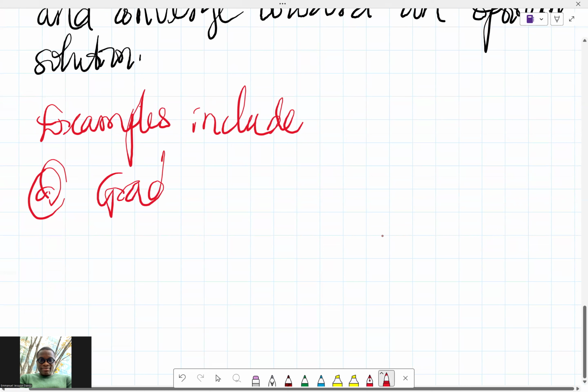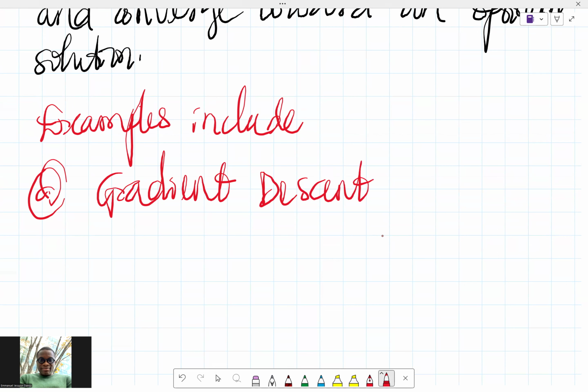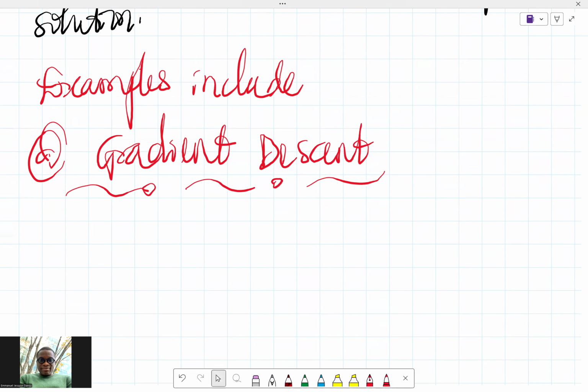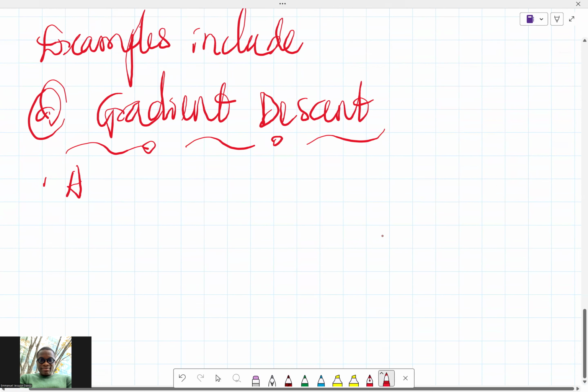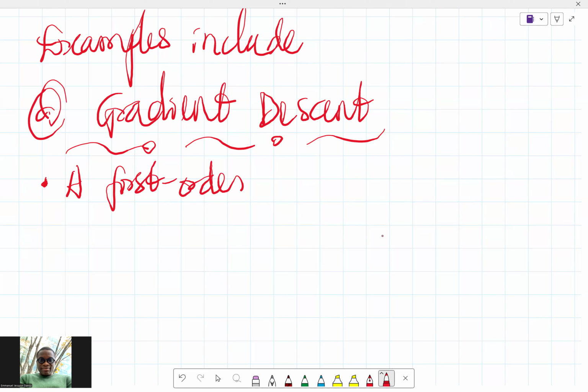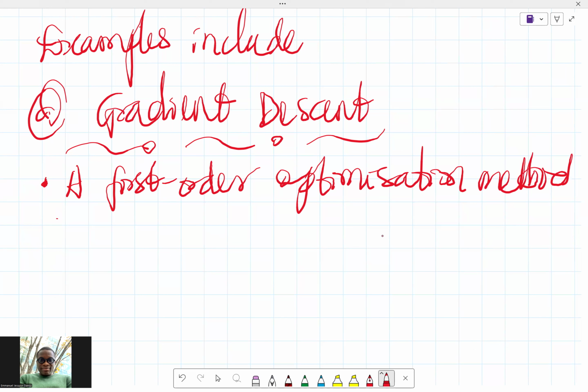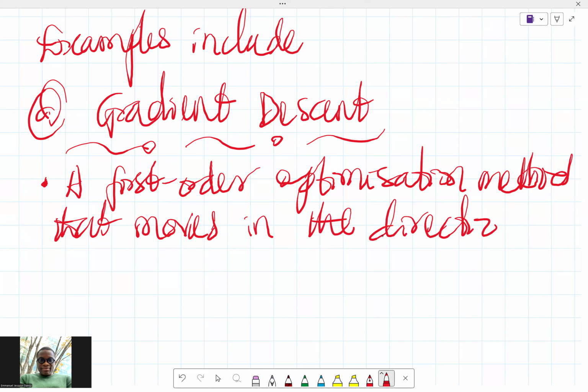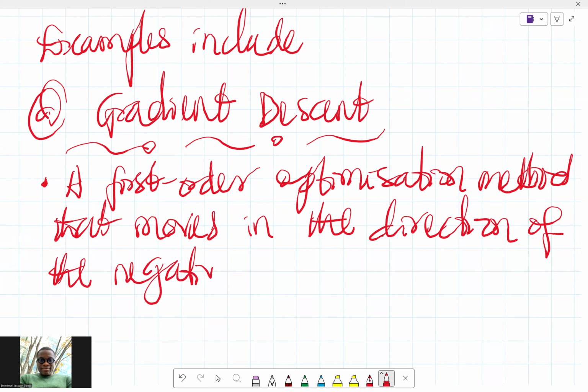what we call the gradient descent. So it's more like you're climbing down gradients. That's the idea that it conveys. So this is a first order optimization method that moves in the direction of the negative gradient.